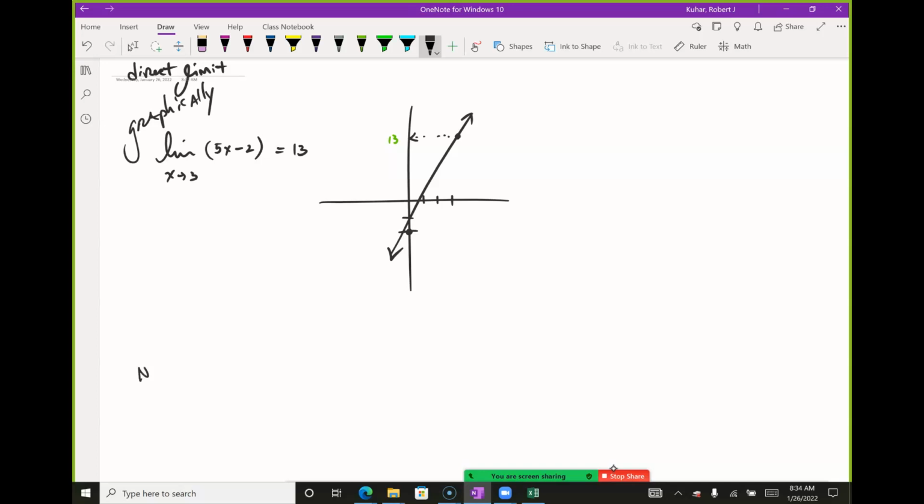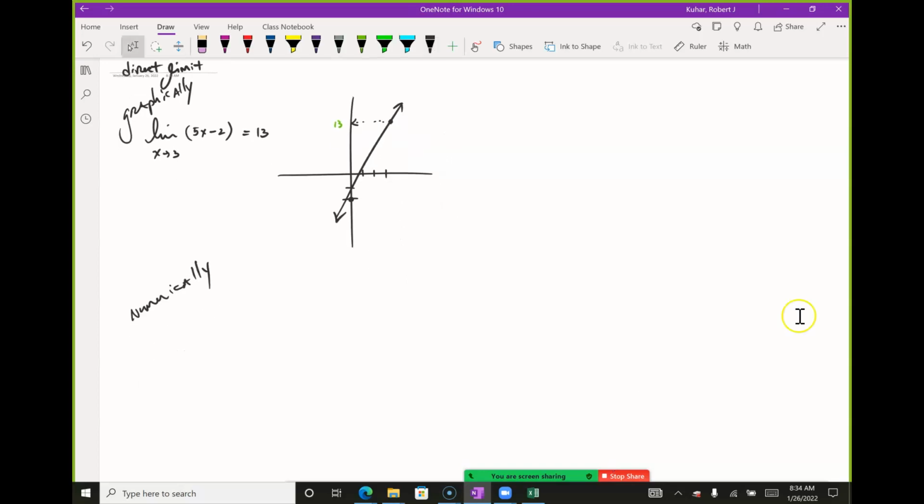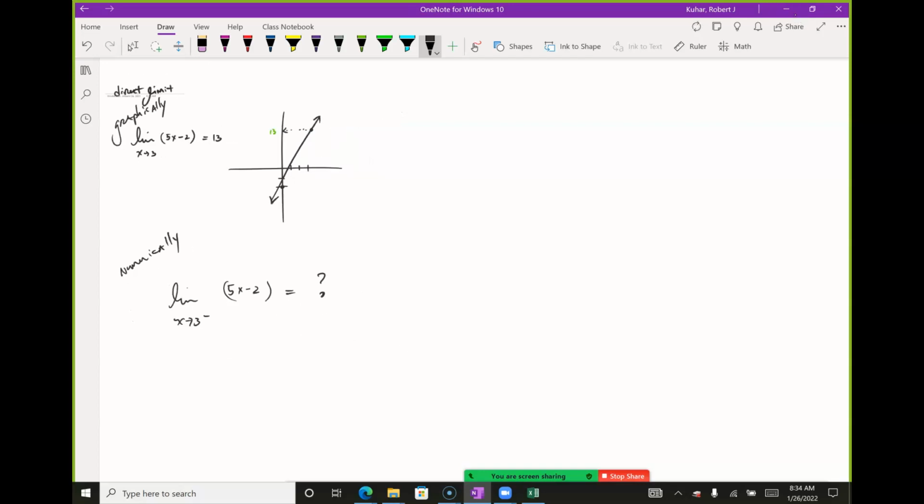But let's look at it numerically. I'm going to use my calculator here, and if you have a calculator at home, you can do this at the same time with me. I'm looking at the limit as x goes to 3 from the left of 5x minus 2, and I'm going to try and predict what I'm going to get there.